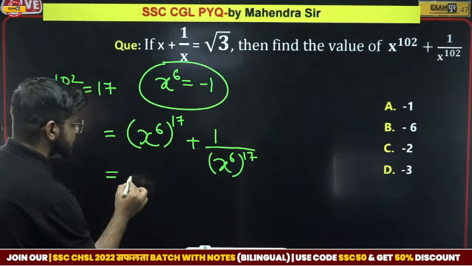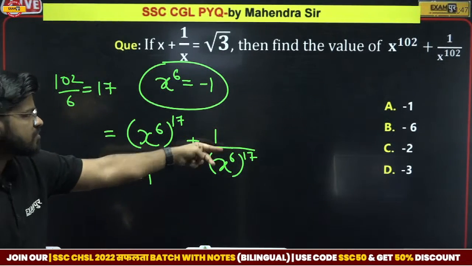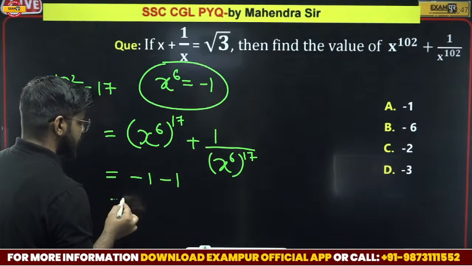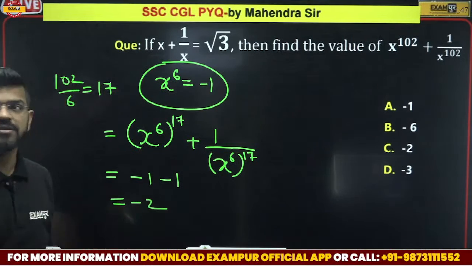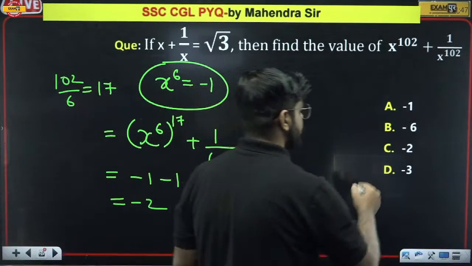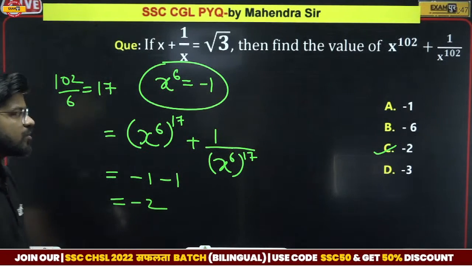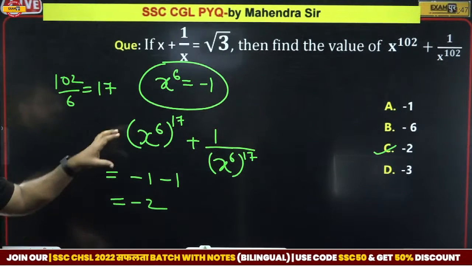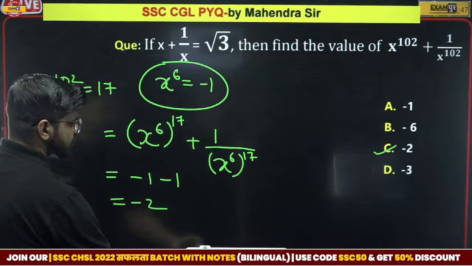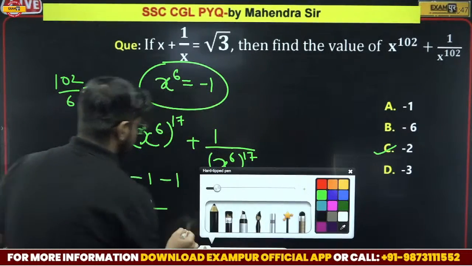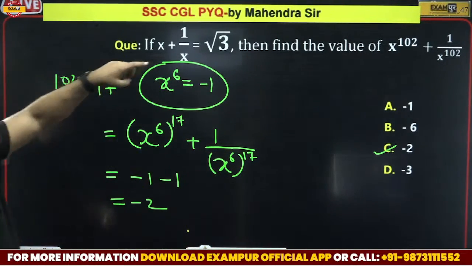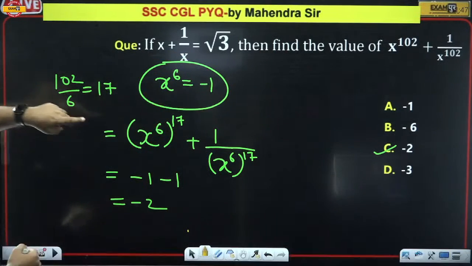So this will give you minus 1, and again the same thing, minus 1. So minus 1 and minus 1 will give you minus 2. So the answer will be minus 2. You can easily get that. You don't have to write this thing. What you have to do here is just divide the power, whatever the power is, by 6.